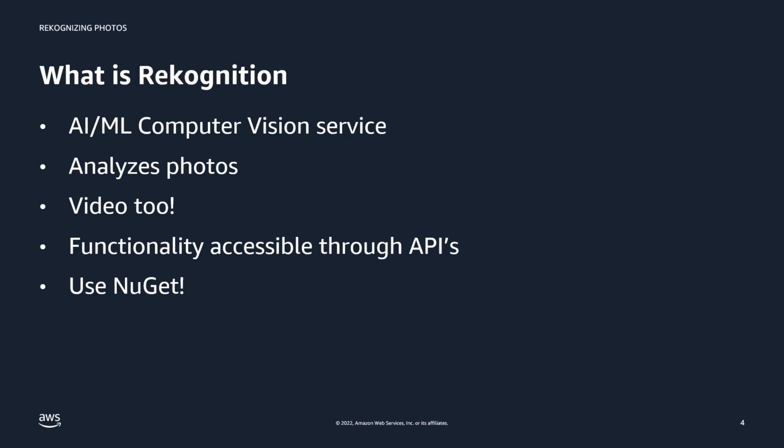Even 20 to 30 years ago, artificial intelligence was something that you had a whole lot of really specialized people that worked hard at trying to figure out how data correlated. These days, artificial intelligence and machine learning are baked into services that you can call from your own applications quickly and easily.